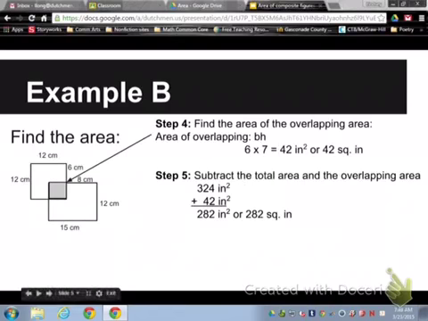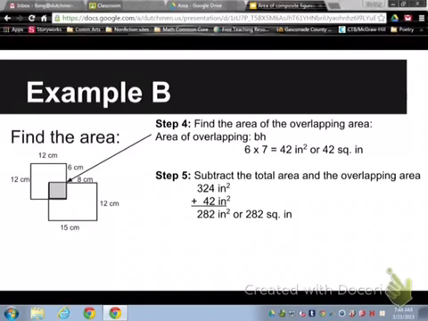Now we have to worry about that overlapping area. So now we need to look at just that specific area and find that area. Once again, it is a square quadrilateral, so we do base times height. For this one, it doesn't tell us specifically what the dimensions are, so we kind of have to do a little bit of math.